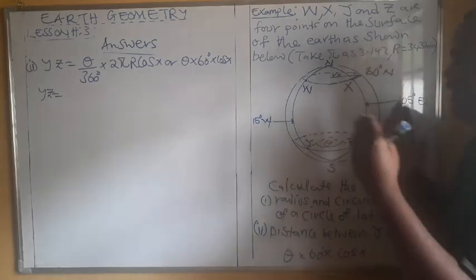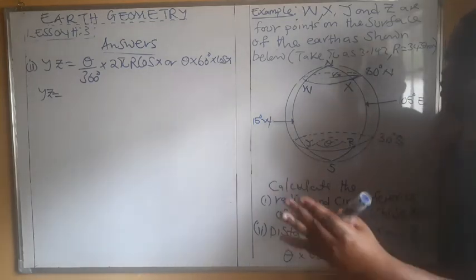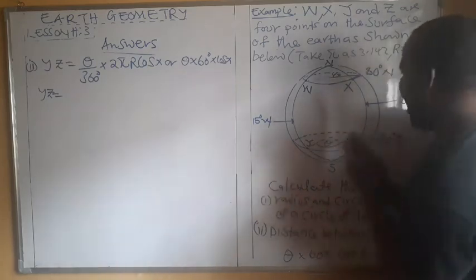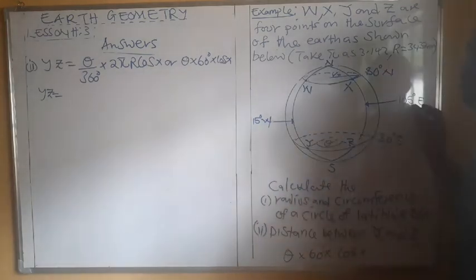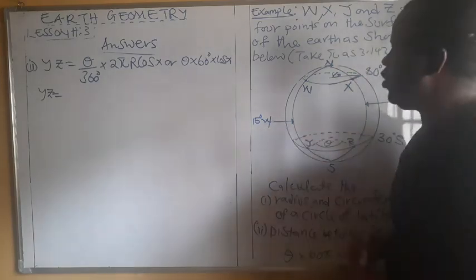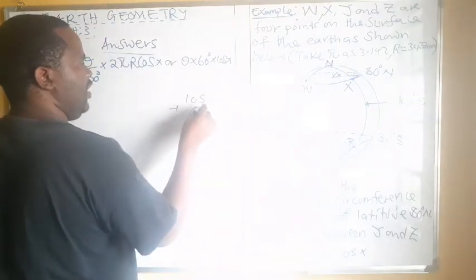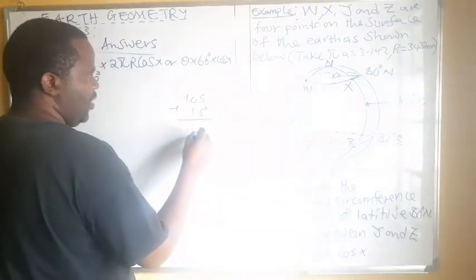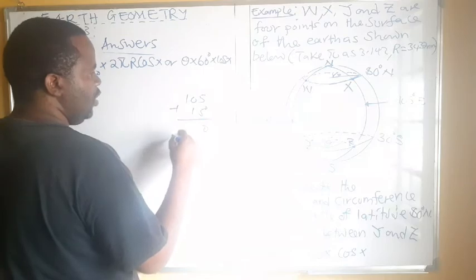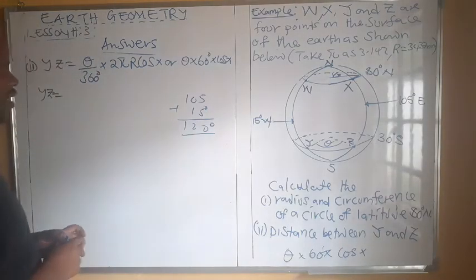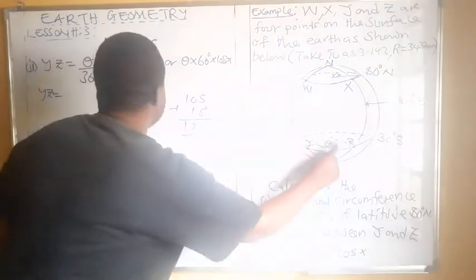They are on different sides of the Greenwich meridian. So how do we find the difference in their longitudes? We find the difference by adding. So you say 105 plus 115. You agree with me that this will be 120. So the difference in longitudes is 120, so the angular difference is 120.